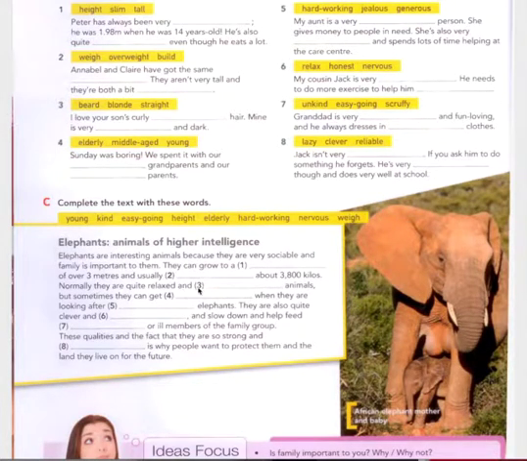Normally they are quite relaxed and easygoing animals, but sometimes they can get nervous when they are looking after young elephants. I guess this is young.